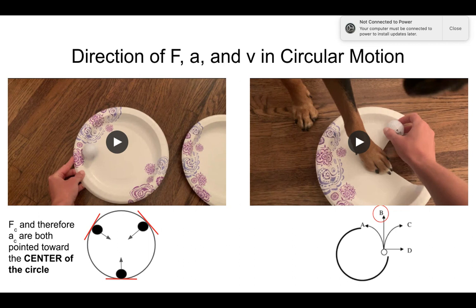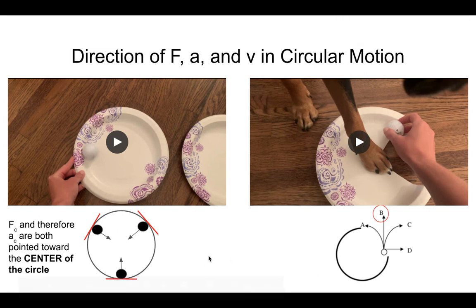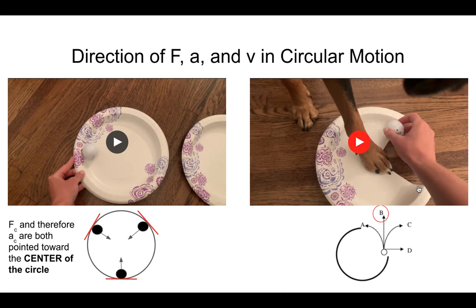Now, the reason this is the answer is because that golf ball has inertia. We know from Newton's first law that an object in motion stays in motion unless acted upon by an unbalanced force. The unbalanced force here is the lip of the plate that is causing that ball to go into circular motion.